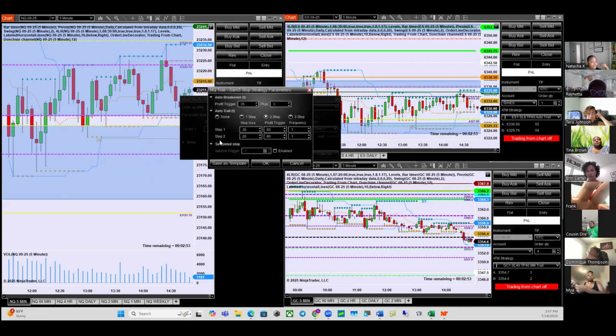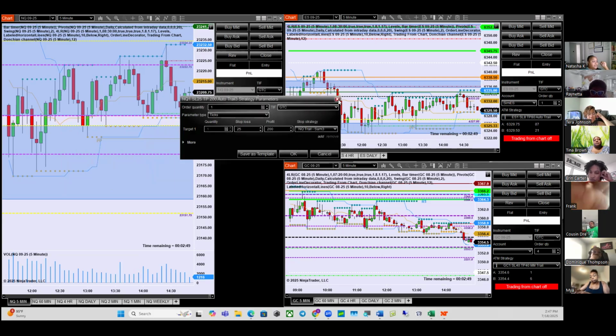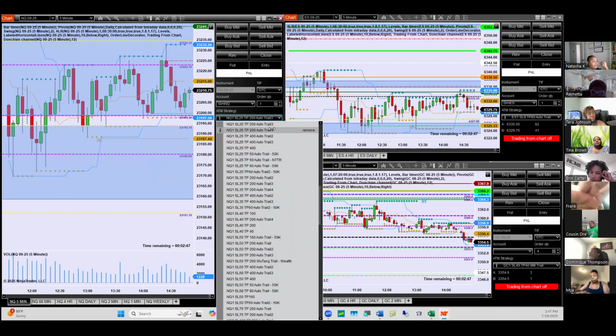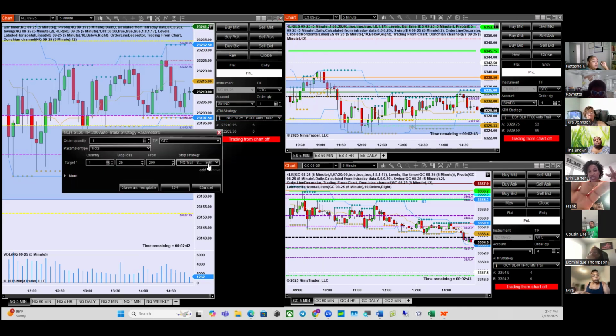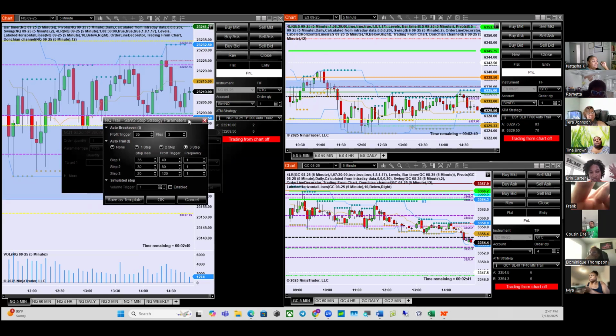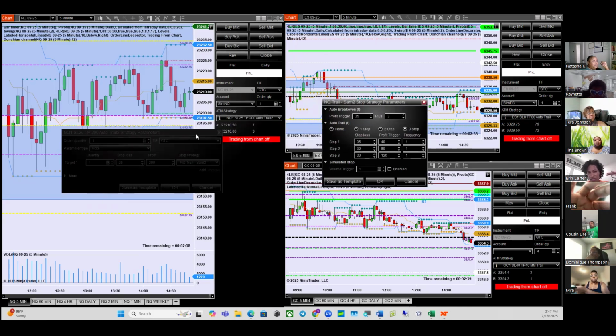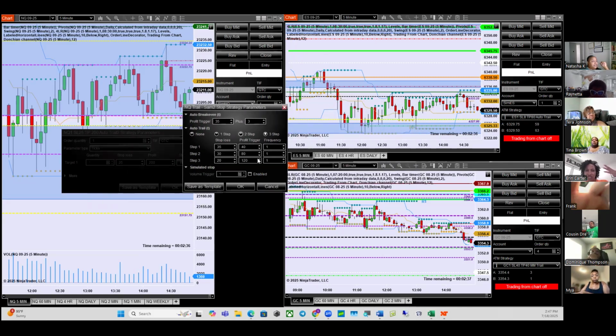This is a 2-step. I think I have a 3-step somewhere. Let me see. Hold on. Can you explain one more time how the 2-step is impacted when you add on the steps to it? Is it just more protection, to secure the profit? Yes. Here's how this one is going to work. If you only have 1 step, it's going to stay behind you, like that one we just looked at.